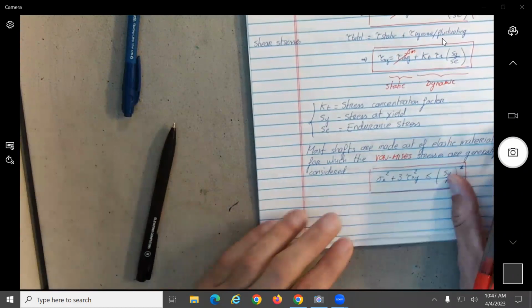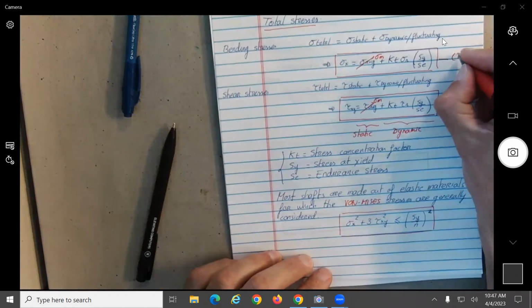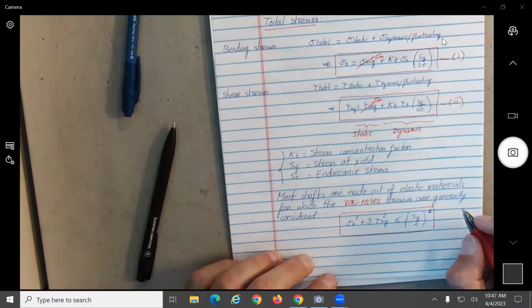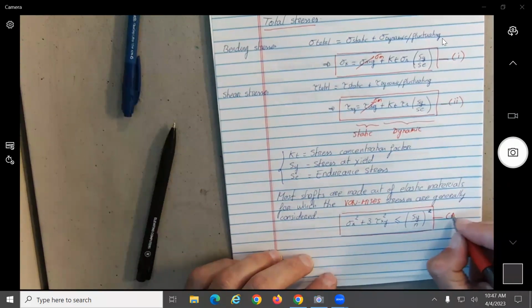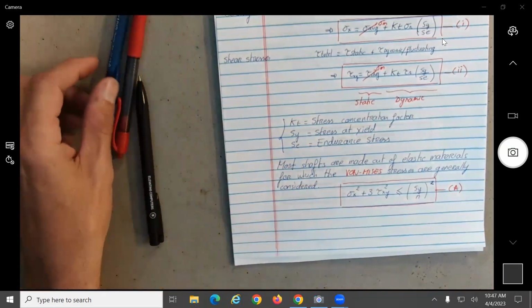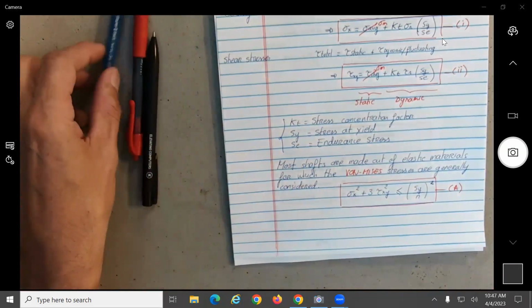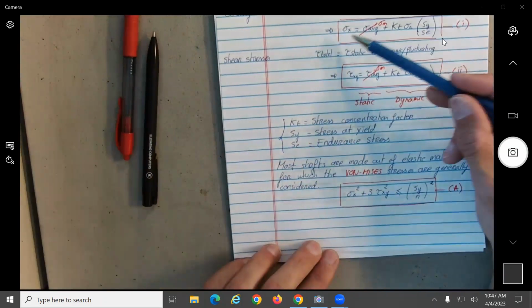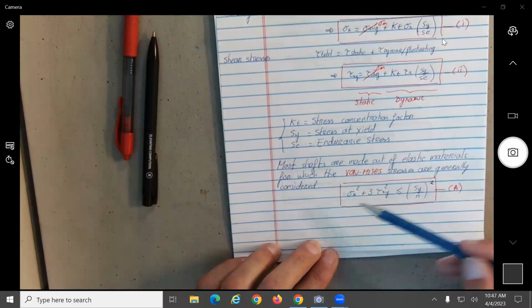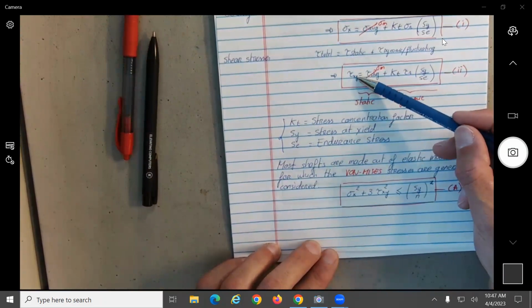Let's call this equation Roman 1, Roman 2, and this big equation here A. What I'm going to do is replace this sigma x over here, and replace the shear stress over here.